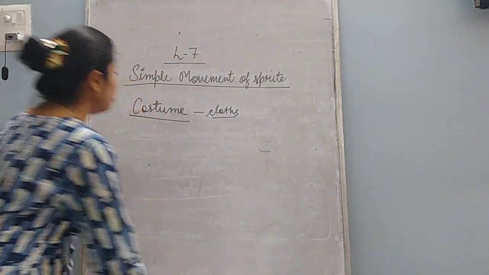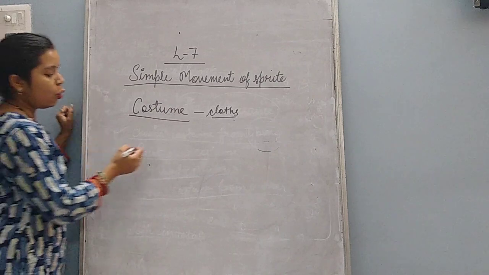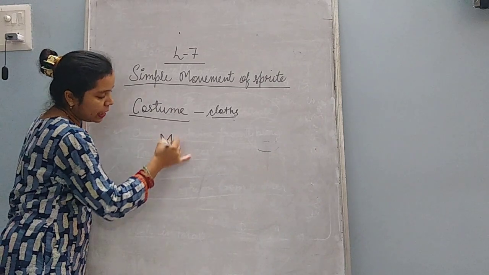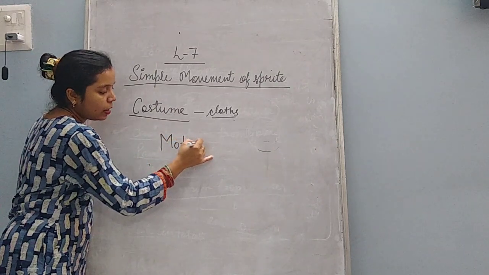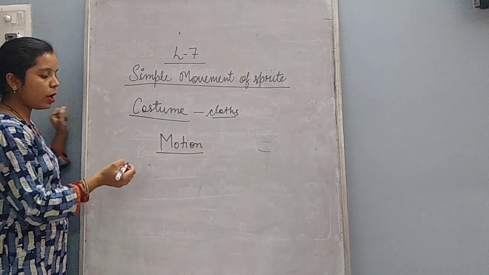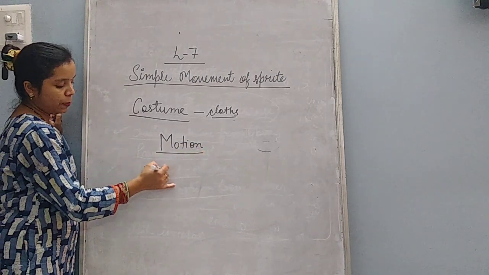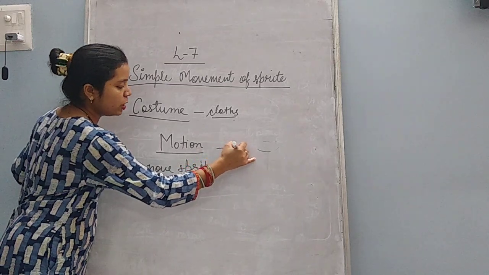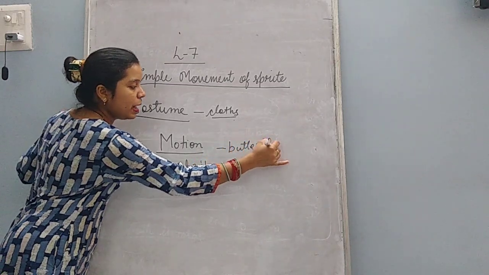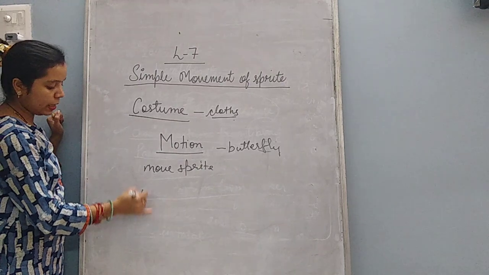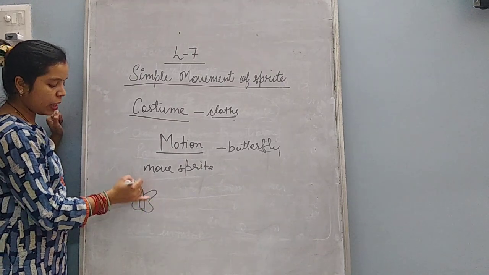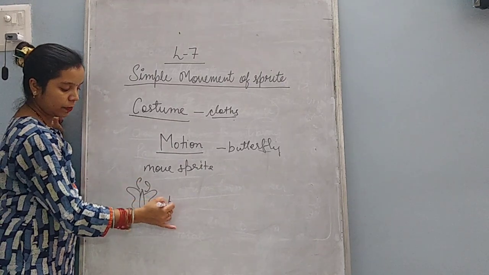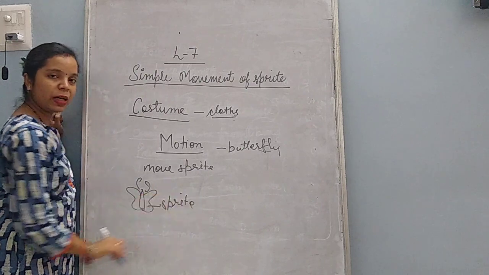And when you are choosing this sprite, one motion block is there in the sprite. Using this motion block, you can move your sprite. Suppose you have chosen a butterfly as your sprite. So one butterfly like this will come on your screen. Now this is your sprite. In place of the cat, you have chosen a butterfly.